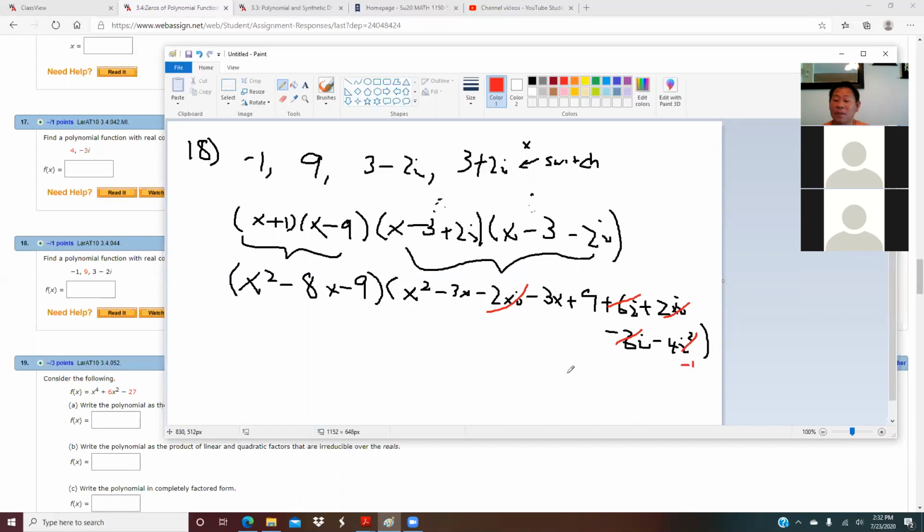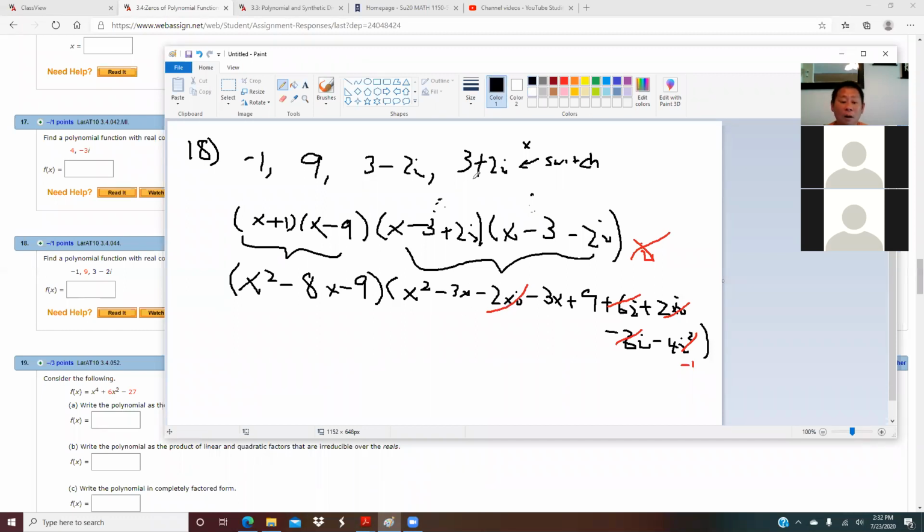So this is something that I want to point out to you. If you do this in your test, and yes, it's in your test, when you foil these 2 terms, the i is all gone. No more i. If you find that there is an i term somewhere here, you did something wrong in the foiling, or something is wrong in the factoring. That's the reason why I want to point out that this is all gone.